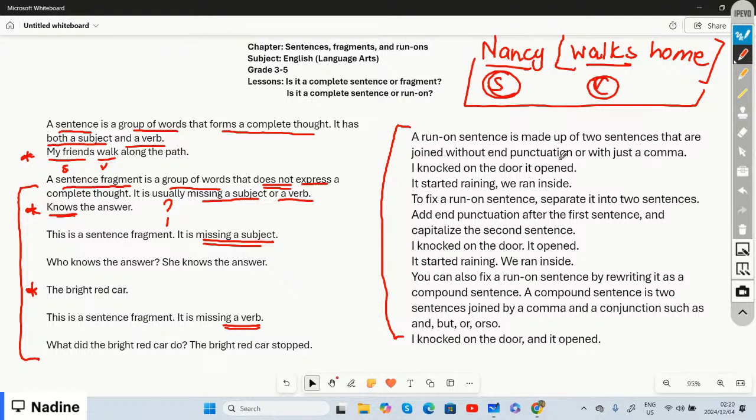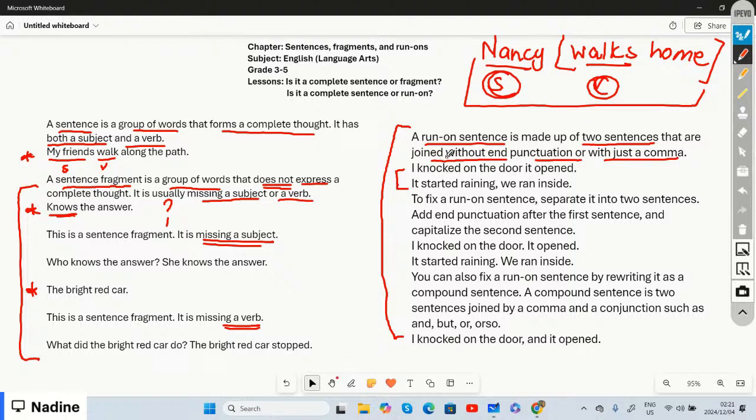And then we have a run-on sentence. We said a run-on sentence is made up of two sentences that are joined with no punctuation or just with a comma. An example of a run-on sentence: I knocked on the door, it opened.